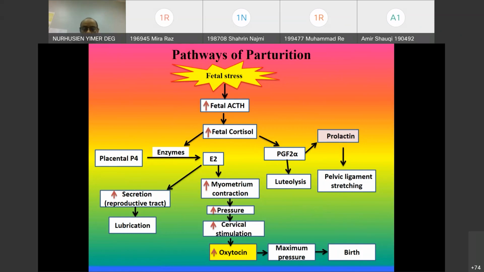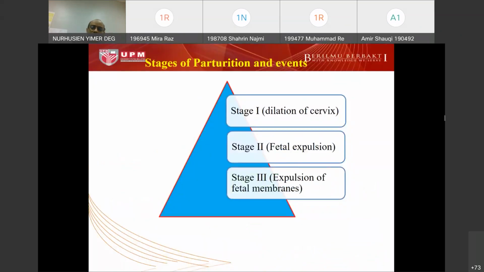So this is the whole process as far as our scientific understanding is concerned at this level. What we know, what's happening during the parturition process and the various factors involved to make this process a success.